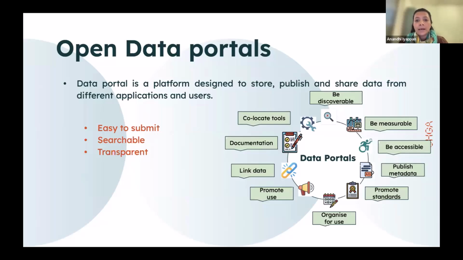They should use standards, organize the data, and provide documentation, as well as additional data that links to the existing primary data and ways to promote the usage of that data. All of these principles are provided by various committees and organizations, but to what extent data portals can implement these pointers depends on their purpose.